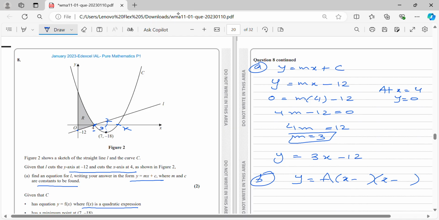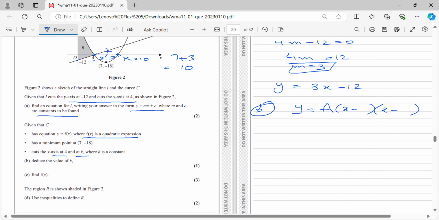So the difference on the other side should be 3 as well. So from 7, this value of x would be 7 plus 3, because the graph is symmetrical, which is 10. So k is 10. Let's deduce the value of k: k equals 10, for 1 mark.